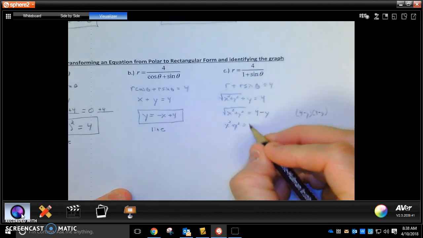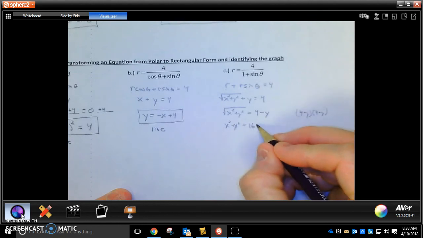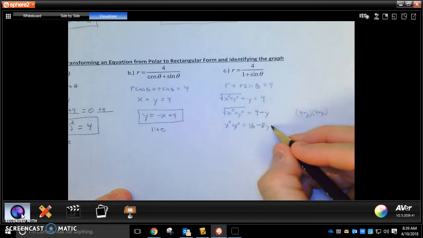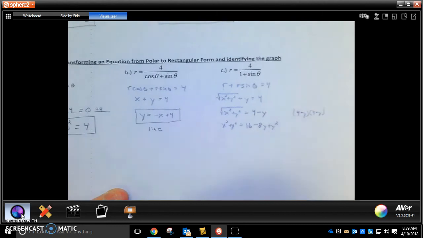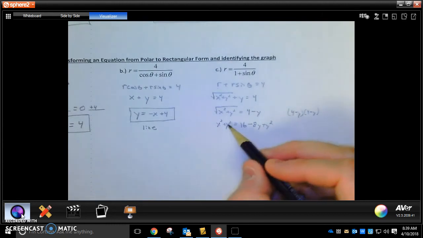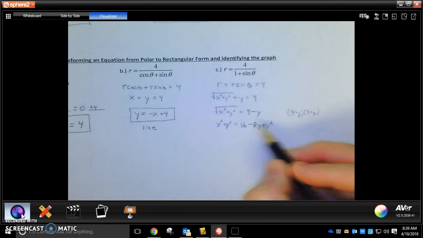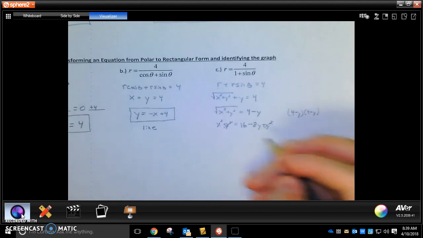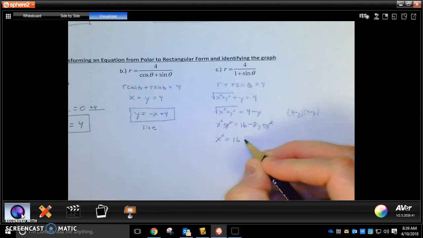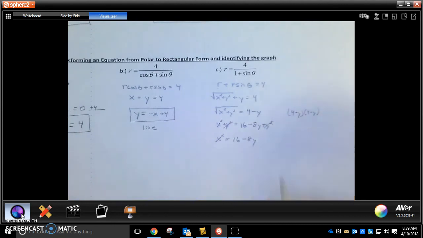Okay, but what you're going to get is 16, and then you're going to get minus 8y, and then the negative y times the negative y will give you plus y squared. Okay, now I've got a y squared over here and a y squared over here. Those are going to cancel each other out. So now I just have x squared equals 16 minus 8y.